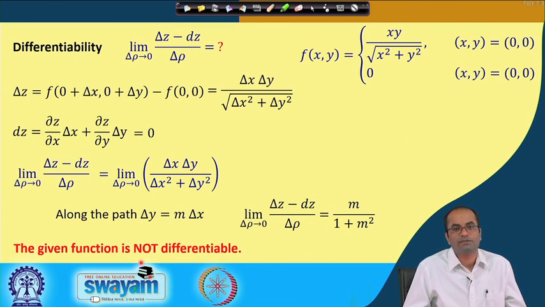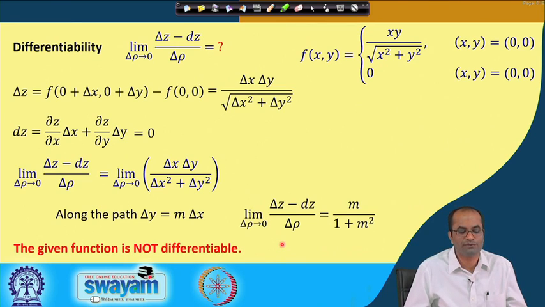So, this limit depends on the path, the limit does not exist. For differentiability, this limit must be equal to 0, but what we have seen is that this limit does not exist and hence the given function is not differentiable.